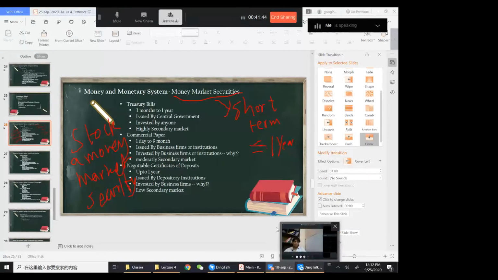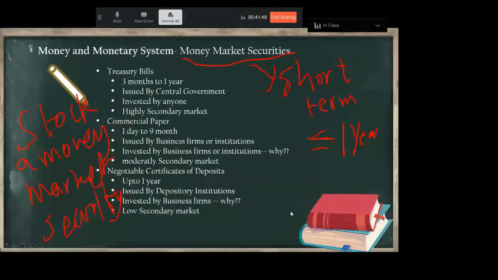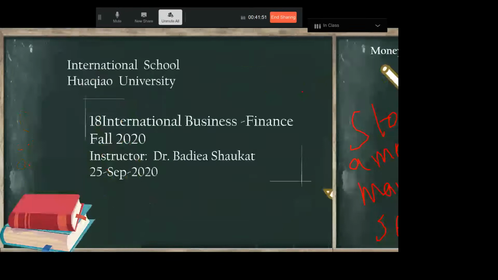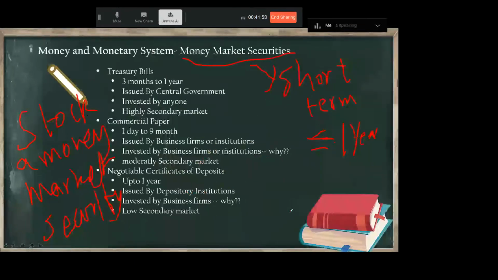What are T-bills? They are issued by the central government. The concept mainly started from the US, but it's not limited only to the US. Many countries have adopted this system of issuing.